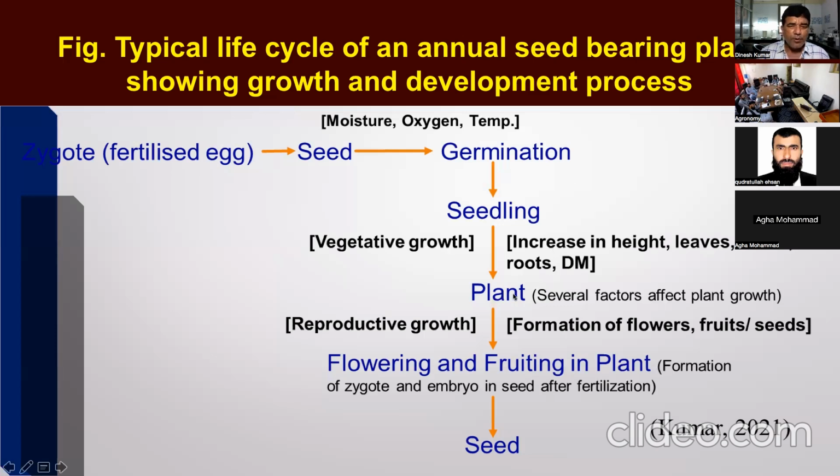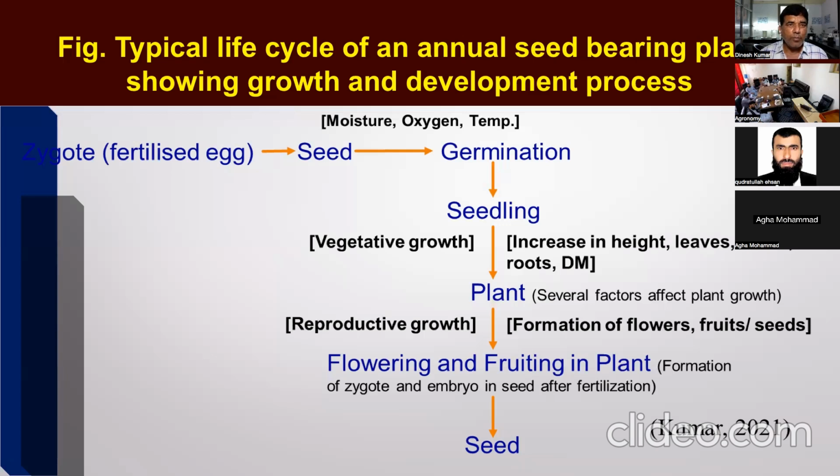Then these kinds of growth parameters, like plant height, tillers, root weight, dry weight, so many things, are affected by a number of factors, because we want good growth. If our growth is not good, it cannot give us good yield. So we want optimum growth of the crops, and this optimum growth is affected by a number of factors.